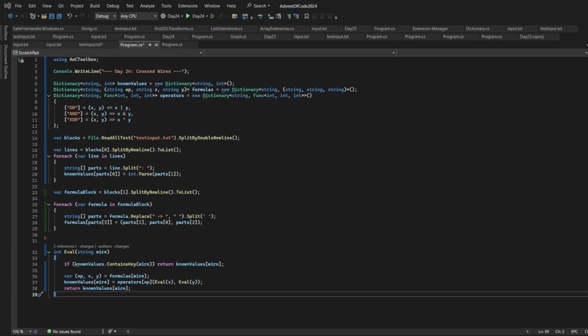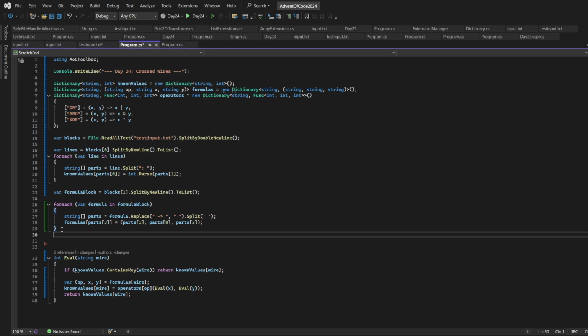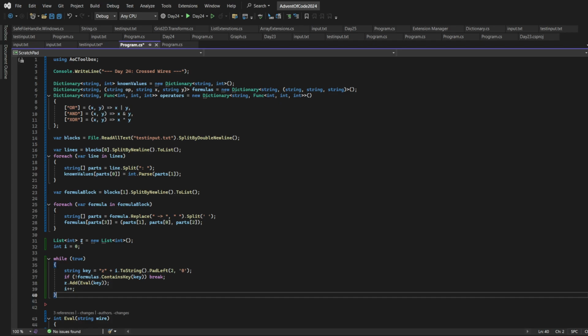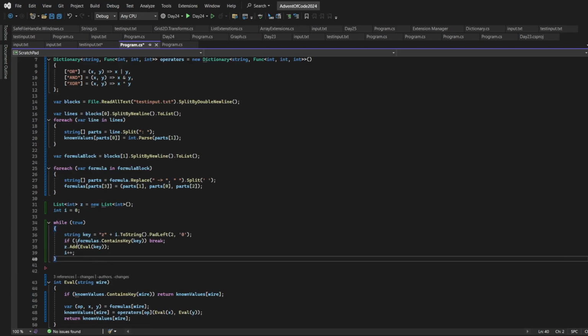So we have our list of our Z wires. We will keep that list, and then we will loop through these until there is nothing left, or actually, we will break when we don't find any more Z keys, Z wires.